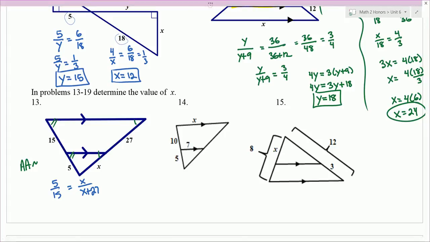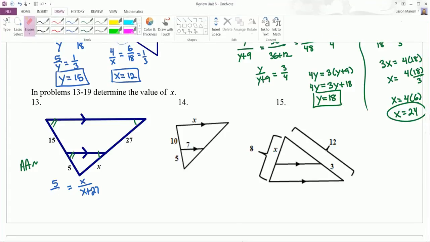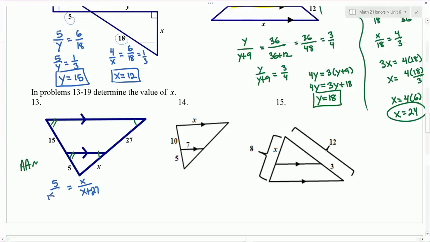Ooh, I messed up here. Should be 5 to 15 plus 5. Small to big. Right, here the large side is 20. So small triangle to big triangle.